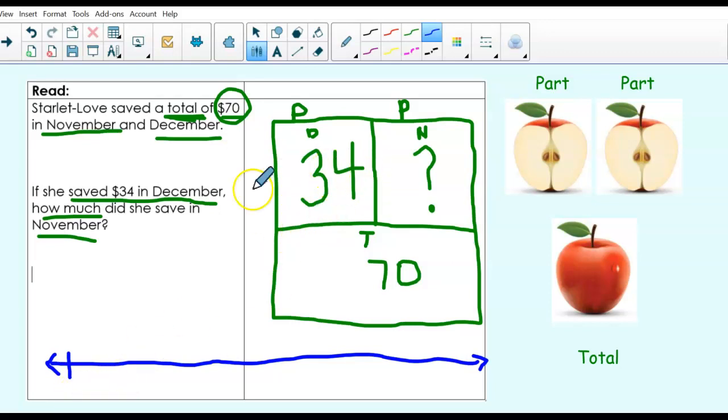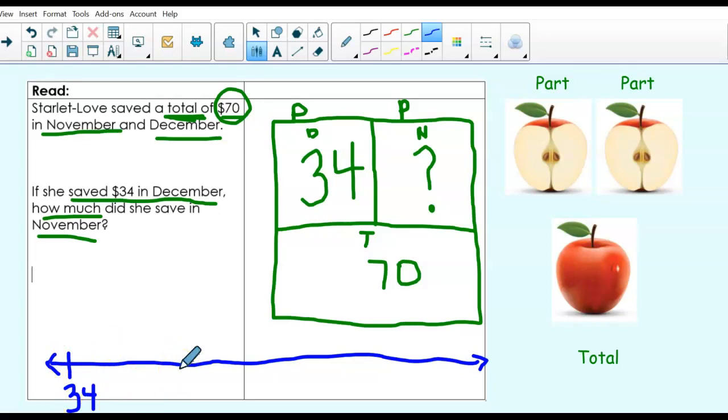So what number do we start with if we're counting up from the smallest to the largest number? That's right, we start with 34. And what number are we going to stop on? Yes, we're going to stop on 70. Now, 34 is not a friendly number.